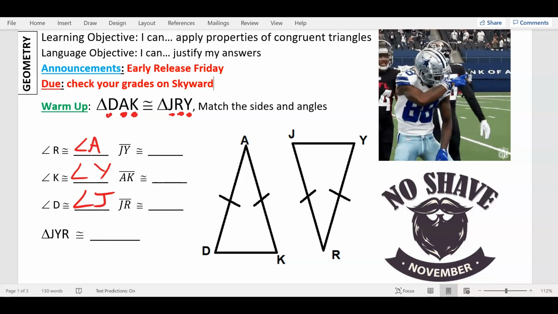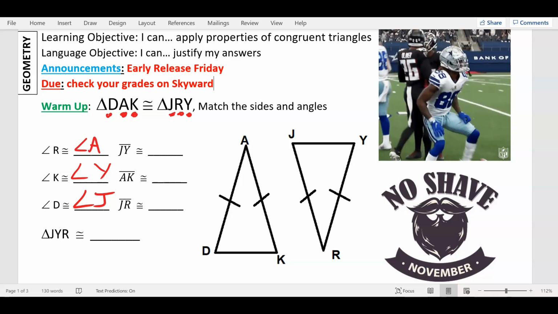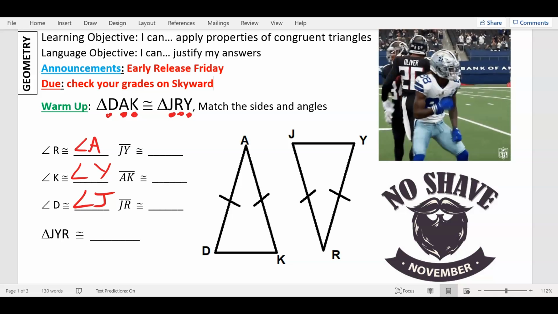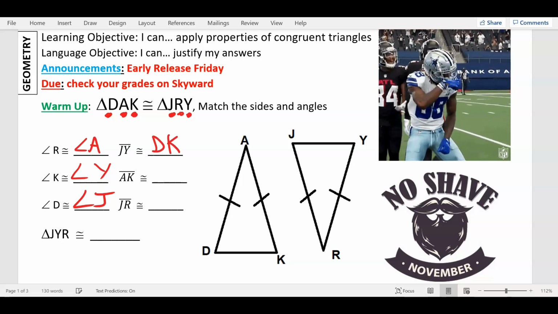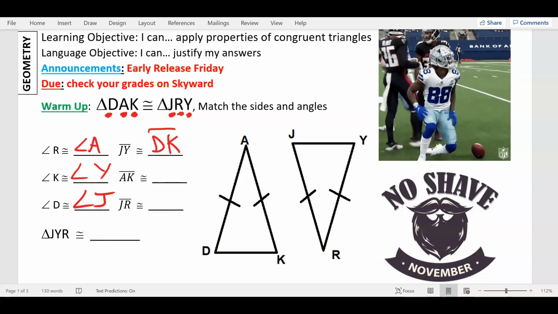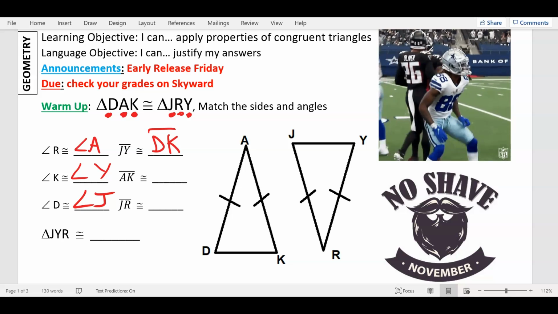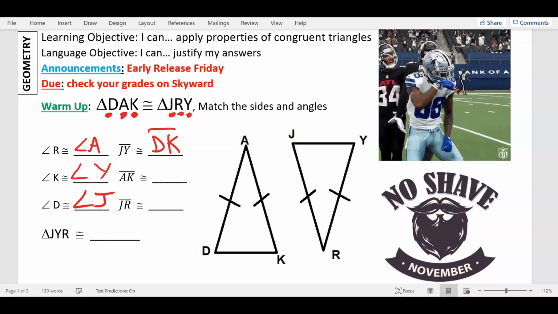Now, next thing is the side. So JY is my first and last letter here. What's my first and last letter here? DK. Don't forget, if it's a line segment, you got to put a segment on top like that. Okay? Everyone with me? So next one, AK. The last two letters here matches the last two letters here.